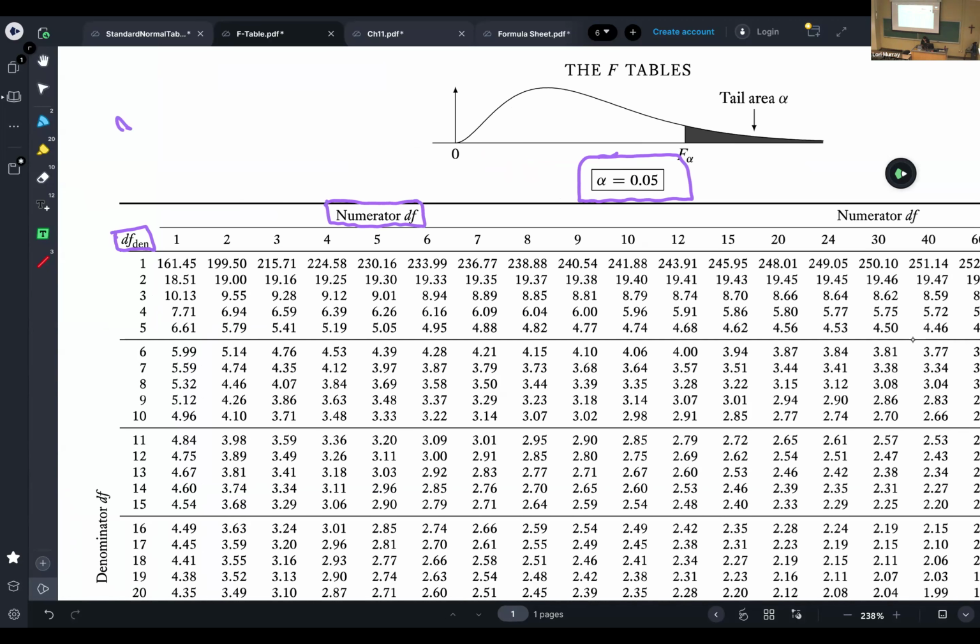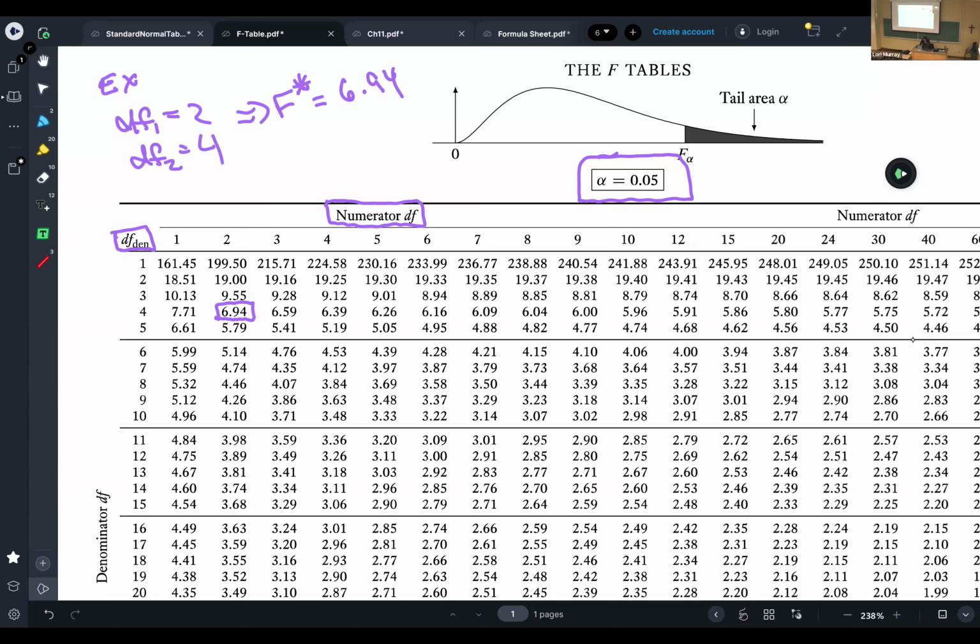So if df1 equals, let's say 2, this is an example, and df2 from the population is 4, then the critical value F will equal, so 2 and 4 would be right here, 6.94.